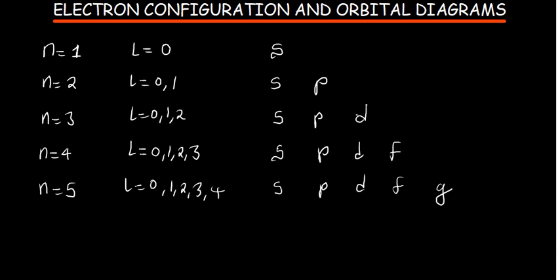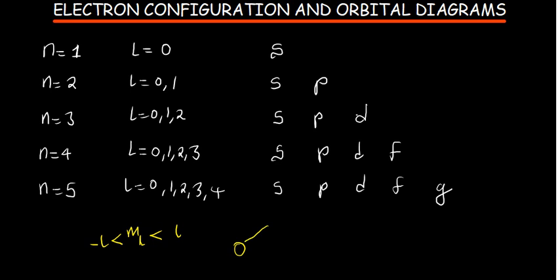Now, remember we said when the angular momentum quantum number L is equal to 0, the magnetic quantum number, ML, is a number that is between negative L and positive L. So if L is equal to 0, there is no number between 0 and 0, so it's just going to be 0 itself.